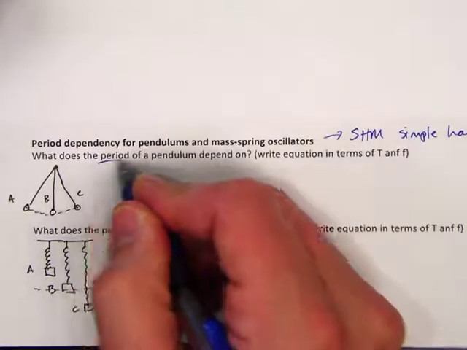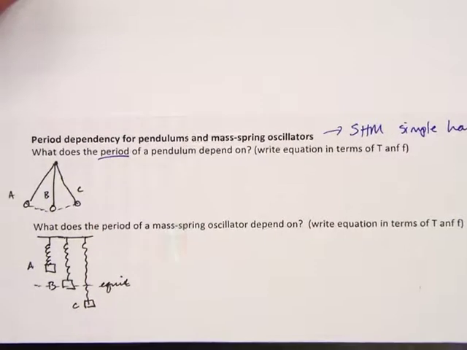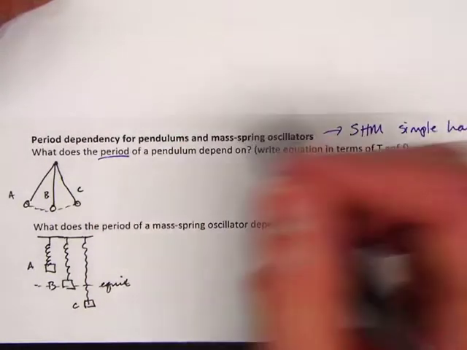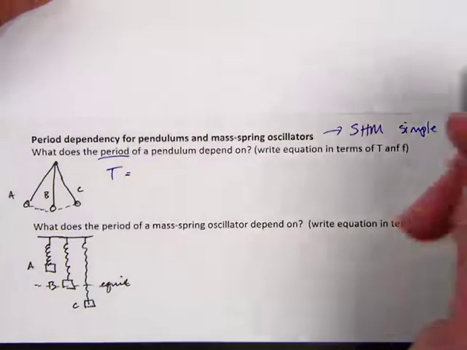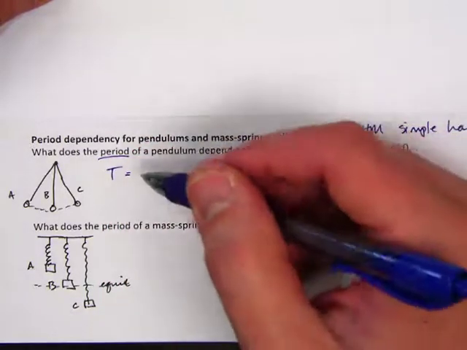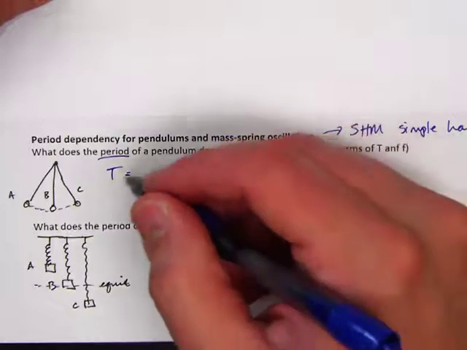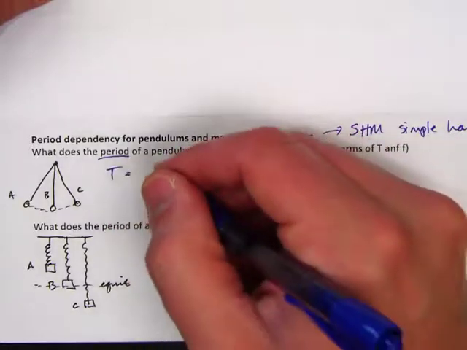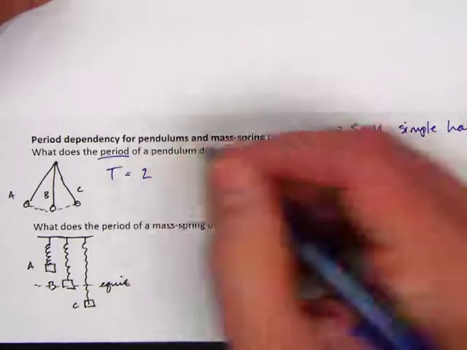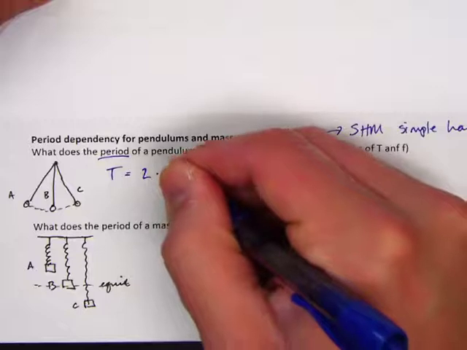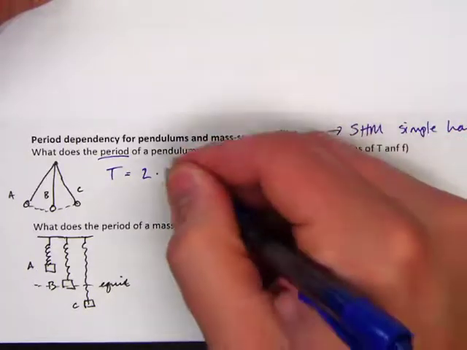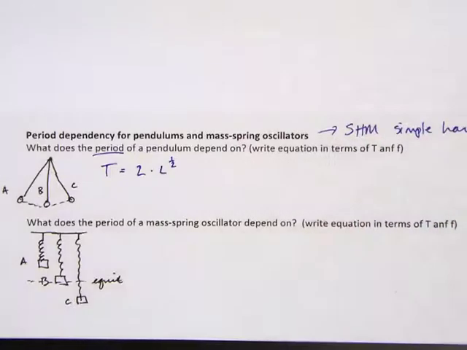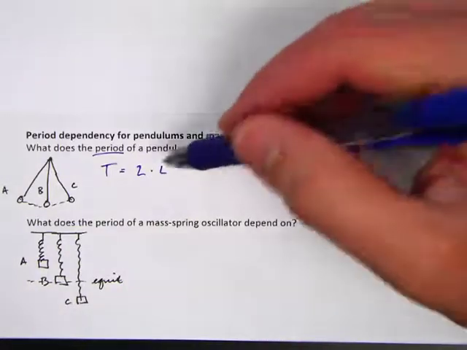Now, what is the period dependence? We just went over this where we derived an equation from our data, and many of the equations that you came up with looked something like this. The period is equal to some number, approximately 2, times the length to the 1/2 power, which is a power function with a square root function.